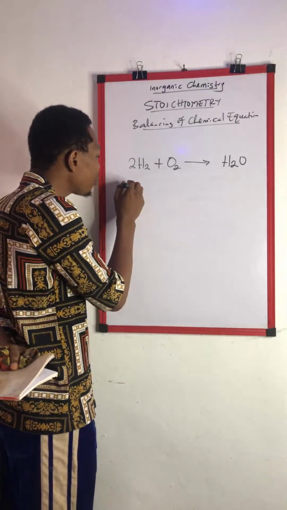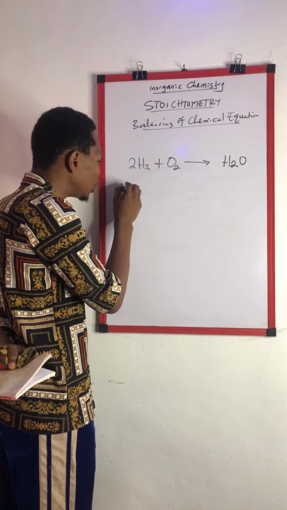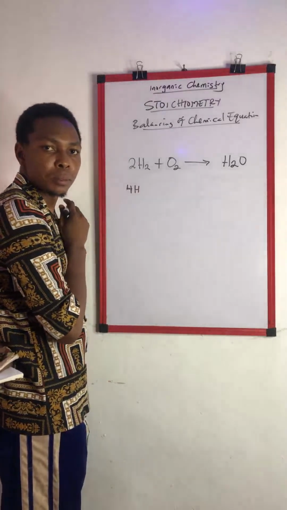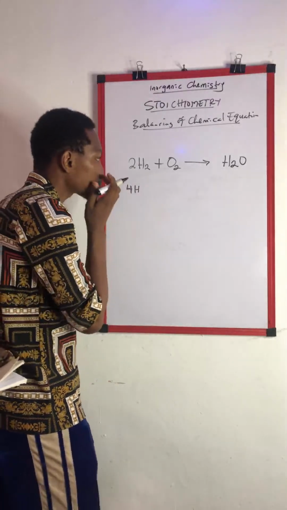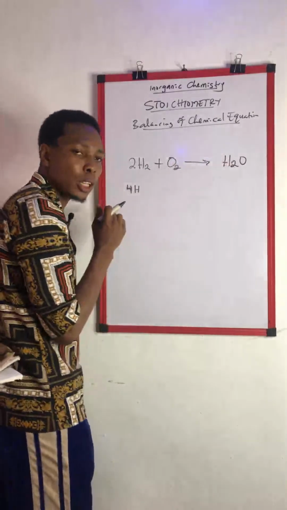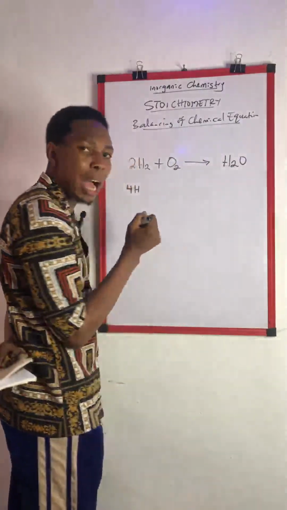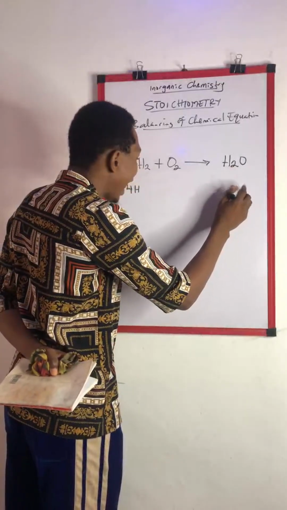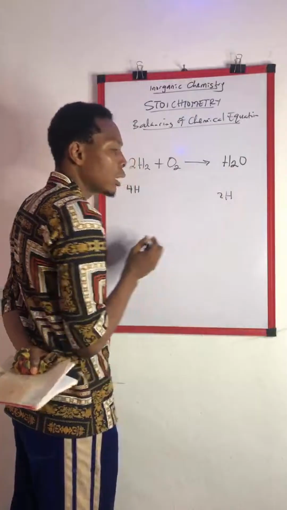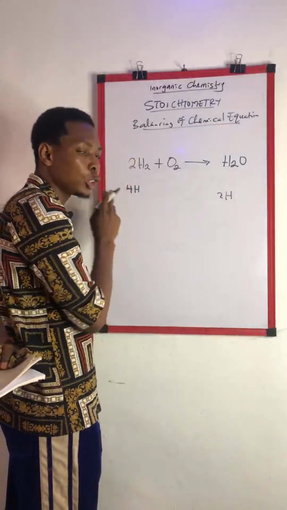That means here we have 4 hydrogen. Then from this other side, how many hydrogen do we have here? Here is just 2. Hydrogen is 2. Here hydrogen is 4.